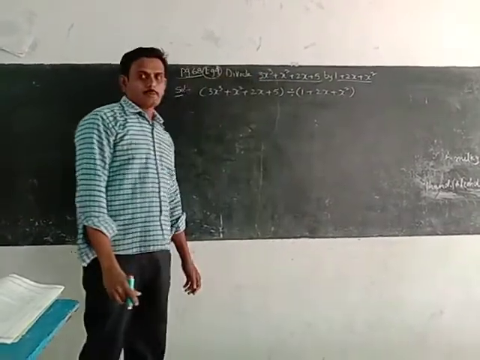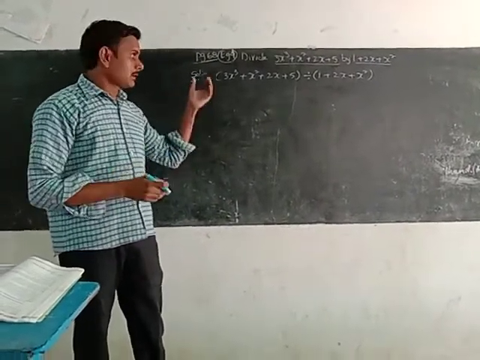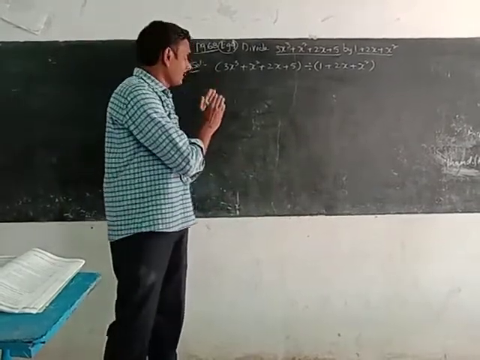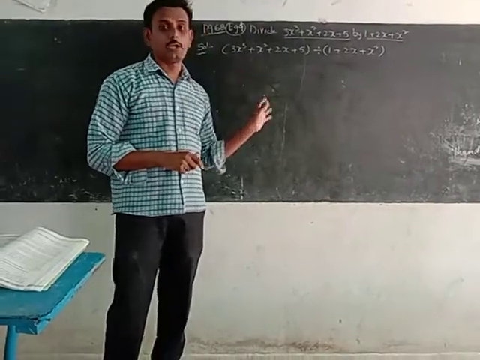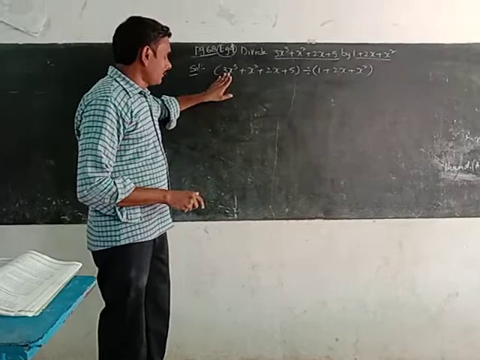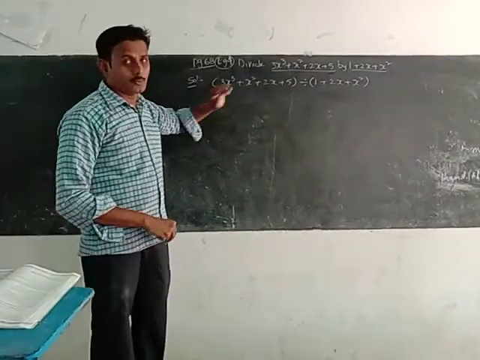One thing to remember before I go to that, as I told previously also: each term of the expression should be arranged in descending order according to degree. How many terms are here? 1, 2, 3, 4. Totally 4 terms are there.